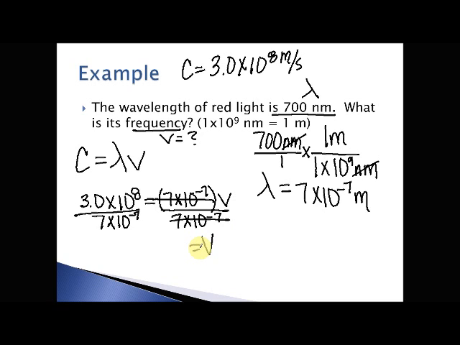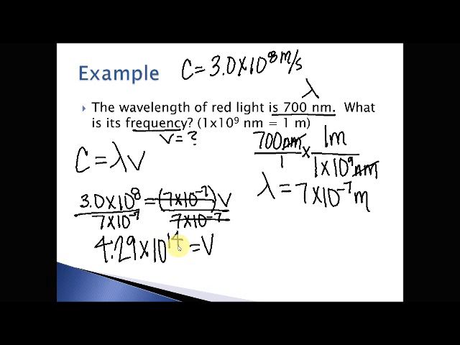And now we can plug that into the calculator. So how do we do that? Hopefully you have one in your hands so you can practice. Ready? Type in 3.0 EE8 divided by 7 EE negative 7 equals, and you should get 4.29 times 10 to the 14th.